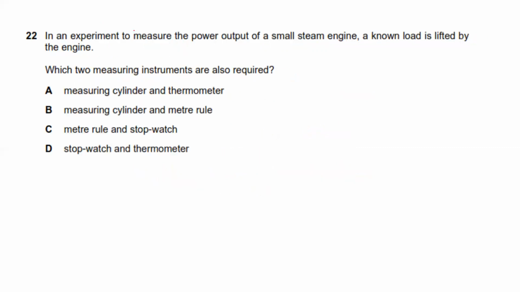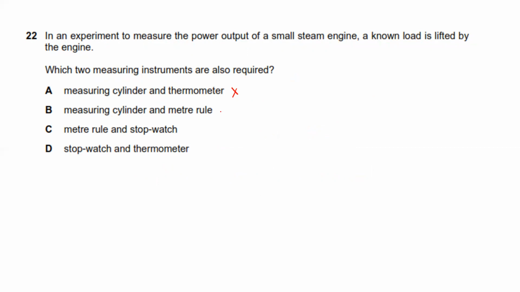Next question, in an experiment to measure the power output of a small steam engine, a known load is lifted by the engine. Which two measuring instruments are required? So load, measuring cylinder and a thermometer. So we have to measure the power output of a small steam engine. Both are not required.